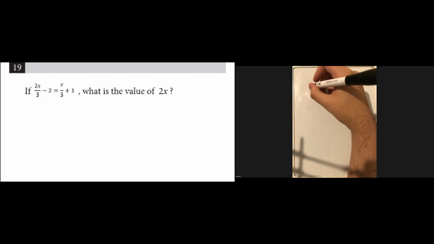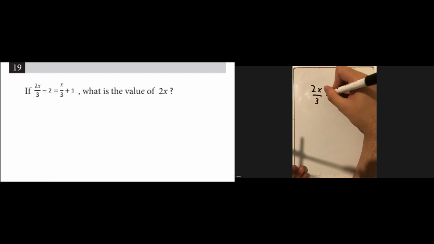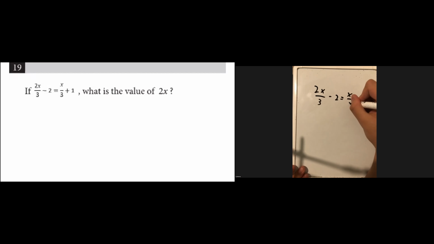Okay, so for this one, we have 2x over 3 minus 2 equals x over 3 plus 1.